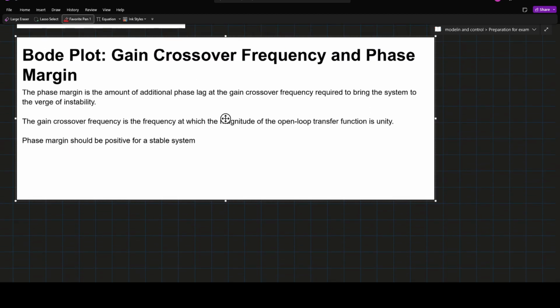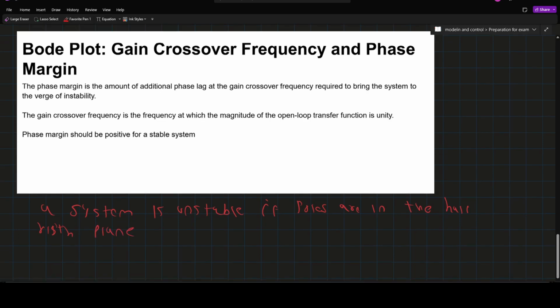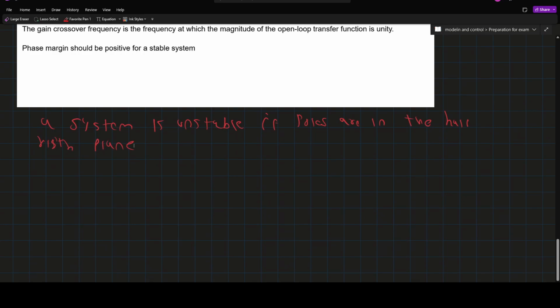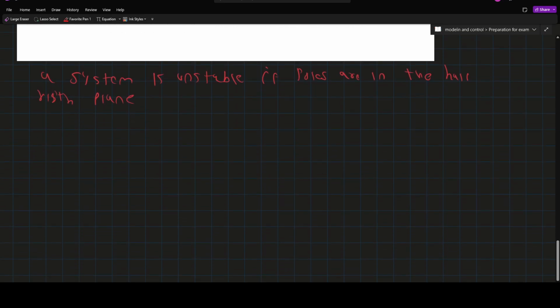Basically what this is saying is that a system is unstable if poles are in the right half plane. So if we have any poles in the right half plane, our system is going to be unstable.